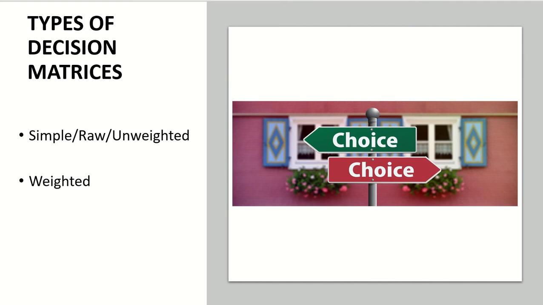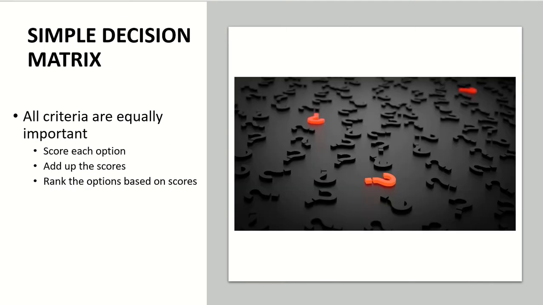The two common types of decision matrices are a simple, or raw, or unweighted decision matrix and a weighted matrix. A simple decision matrix is also known as a basic, raw, or unweighted decision matrix.